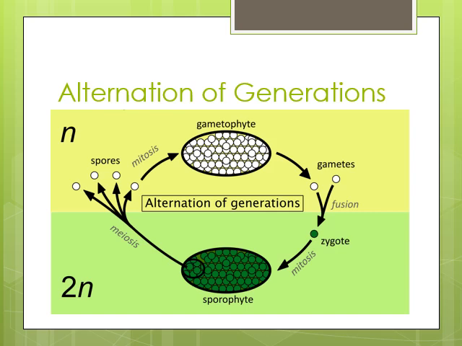So haploid spores undergoing mitosis make many, many more haploids that are genetically identical. Those genetically identical cells form what's called the gametophyte stage, a multicellular haploid component. Those gametophytes release gametes.